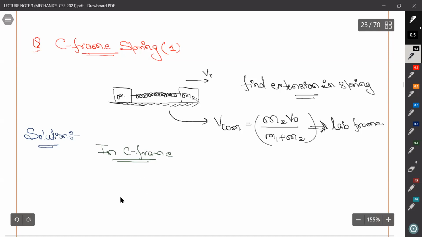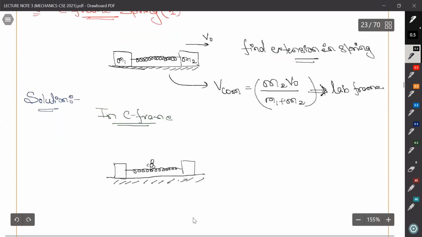So in the C frame, what will you observe? Let's suppose this is the center of mass, and you are sitting here. What will you observe? That this is your velocity. So what will be the velocity of the m2 block, and what will be the velocity of the m1 block?